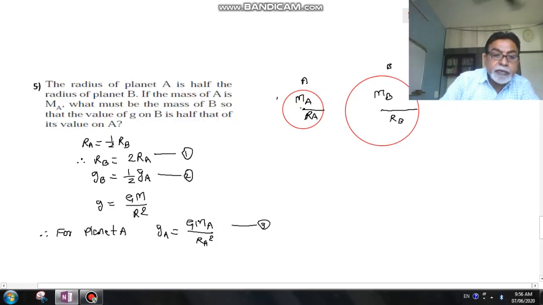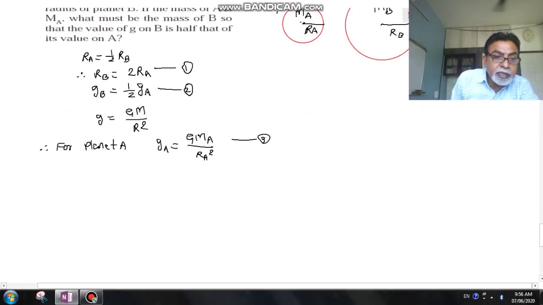And for planet B, वरच्या त्या कंडिशन्स मात्र लक्षात ठेवा. For planet B, gB is equal to what? G MB upon RB square.